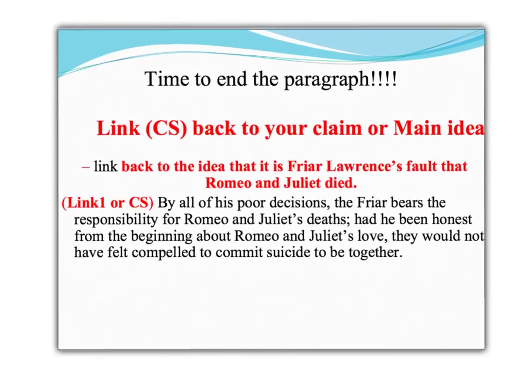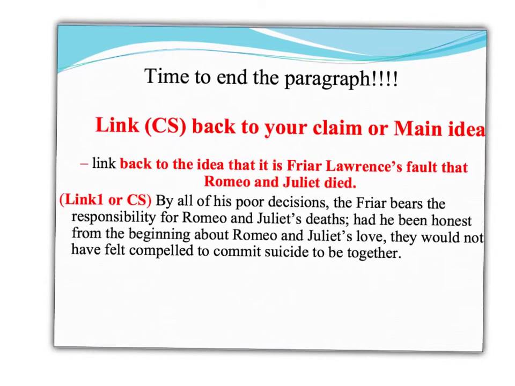Okay, now I have to end my paragraph. I had 3 reasons. I've analyzed all the reasons. Now I have to make the overall point to the reader. I have to link back to my main claim that it is Friar Lawrence's fault that Romeo and Juliet died. So this is a really powerful link statement. By all of his poor decisions, the friar bears the responsibility for Romeo and Juliet's deaths.